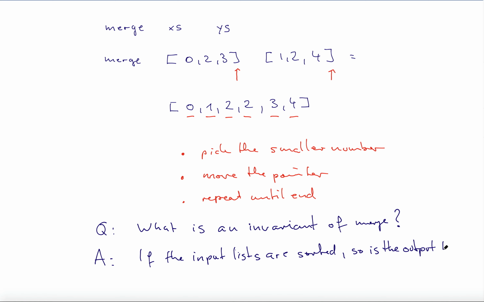So that's an invariant. So why is this invariant important? Because it immediately gives you an idea of how you can use merging lists for sorting lists. Right? So you start with lists that are sorted, you keep merging, and you necessarily end up with a sorted list. So let's look at this in more detail.